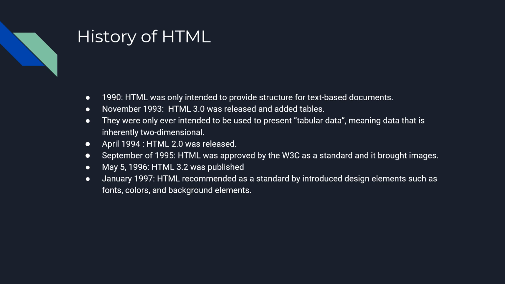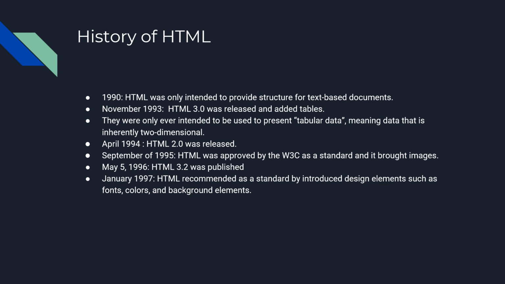But in this sense, most HTML and CSS will always improve on the previous one in little chunks. In 1995, HTML was approved under the W3C, which we will go over in a little bit, and it basically allowed for a new standard of website building, and also it brought images, which is really cool because you didn't really get that.